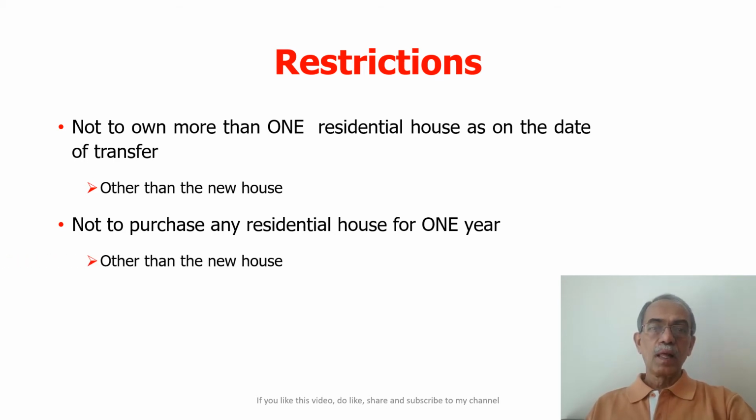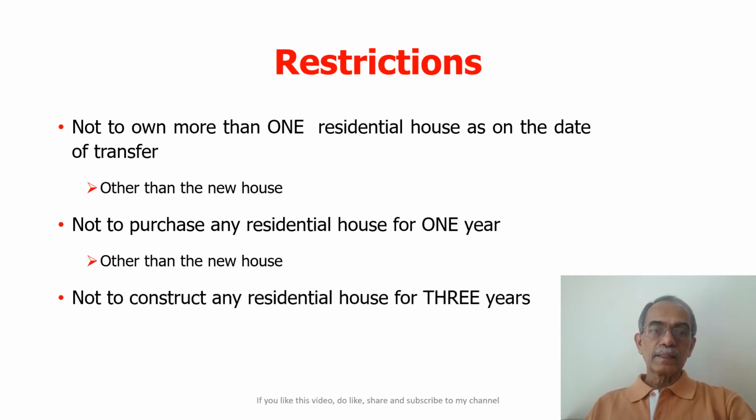Okay. And he should also not construct another residential house for a period of 3 years from the date of transfer. Of course, these are other than the new residential house, which attracts the benefit of exemption of section 54F.